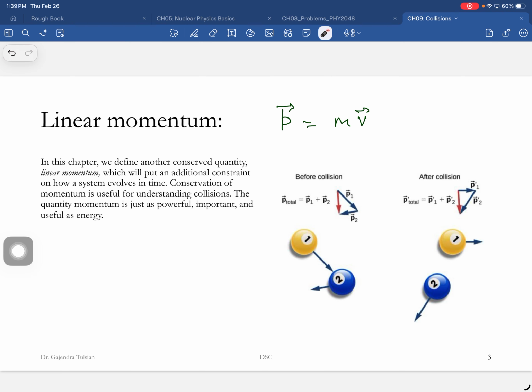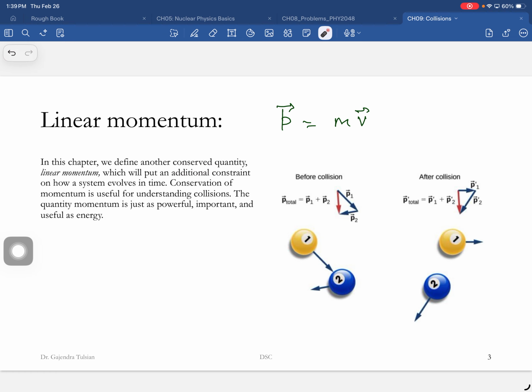For instance, in this case, that mechanical energy got converted to heat, except that some of it went here and some of it went there, and that's very hard to keep track of. So conserved quantity means it remains constant.